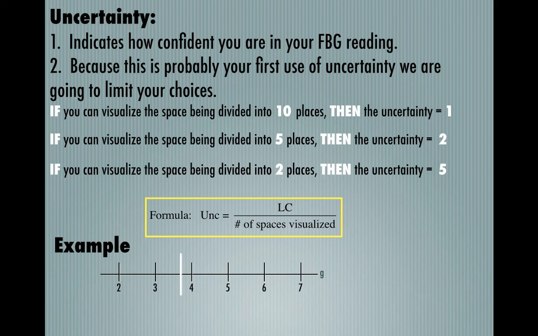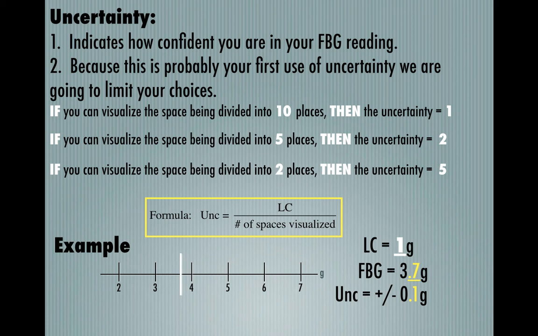I can estimate where the 5 is and whether it's a 1 or a 4. So I'm pretty confident in this. So I'm going to say my least count is 1. My first best guess is 3.7 grams. So my uncertainty is going to be plus or minus 0.1 grams.